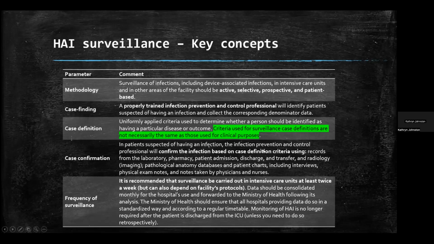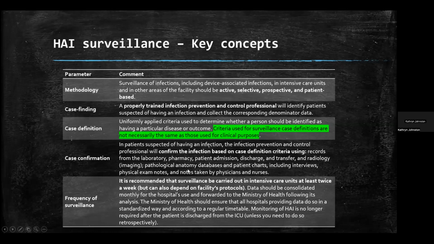Case confirmation: there should be confirmatory information that is used, and this is how you confirm that they meet the criteria for that case definition. It's done through records from the laboratory, pharmaceutical and medication administration records, patient admission information, discharge and transfer summaries, imaging reports, pathological and anatomy databases, and it can include interviews with physicians and nurses as well, and also review of the notes.